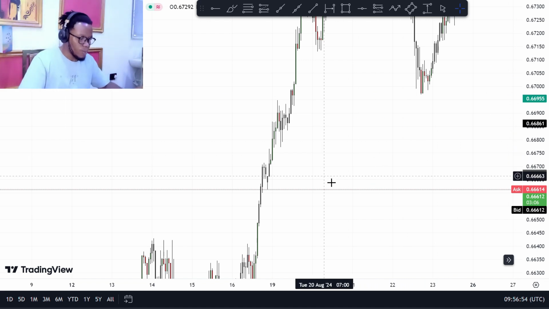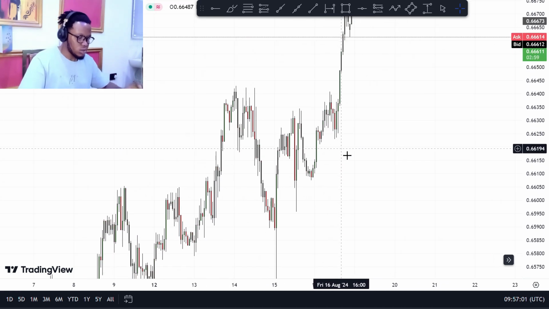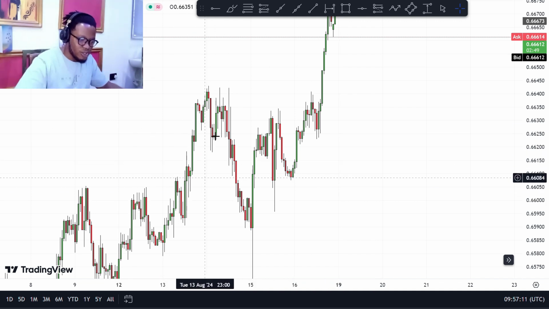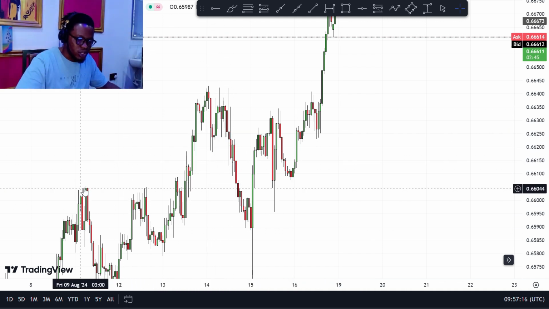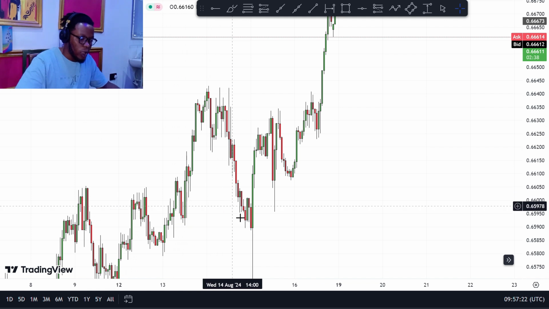All right, so what can you see in this chart? What can you see here? Just let me give you a few seconds to think. Just tell me, what trend is this? Think about it. We have an uptrend. Okay, this is an uptrend because you are seeing price creating higher high, higher low, higher high, higher low.